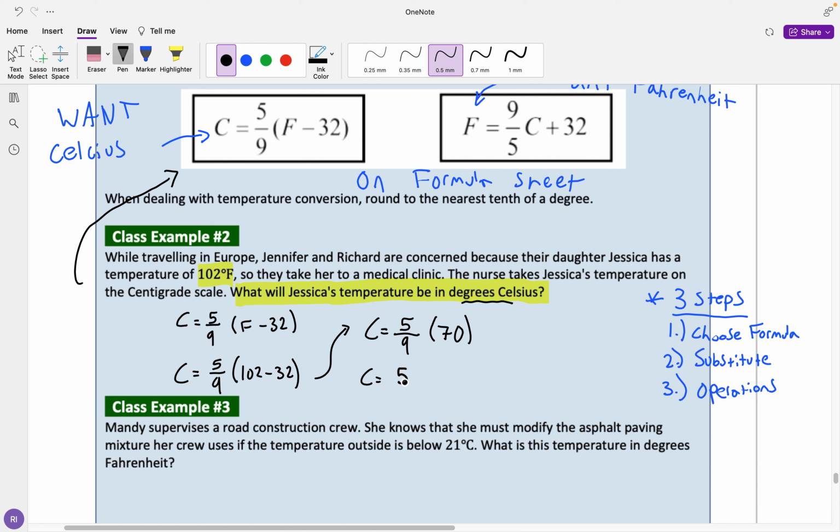And we get 5 divided by 9 multiplied by 70.